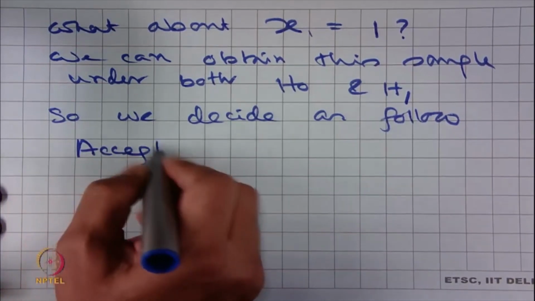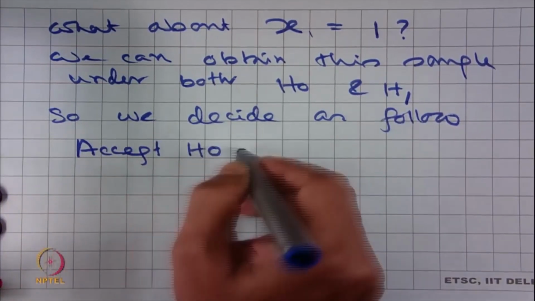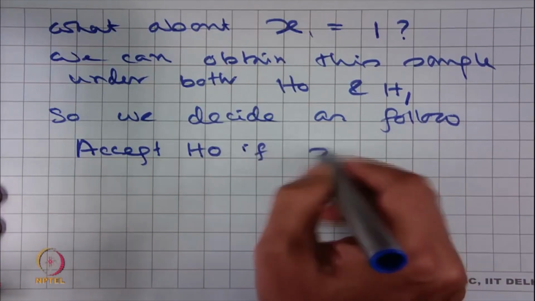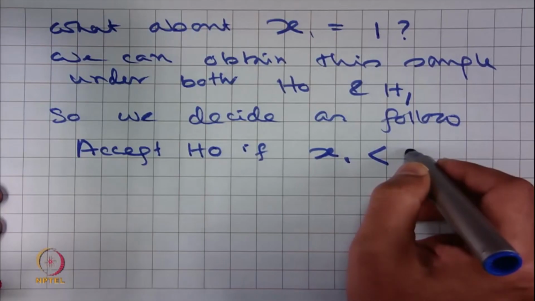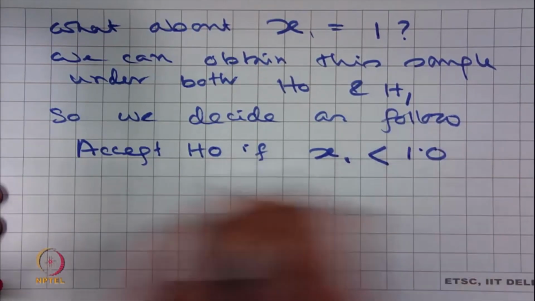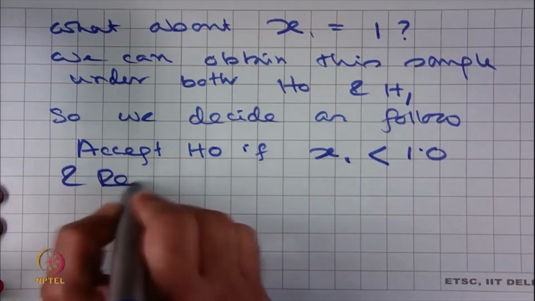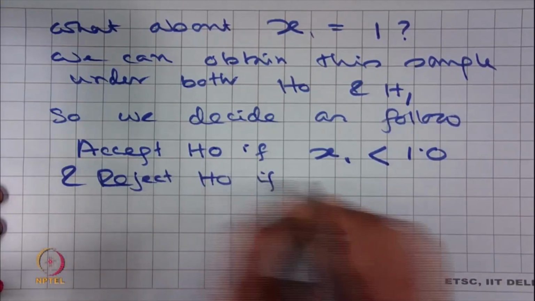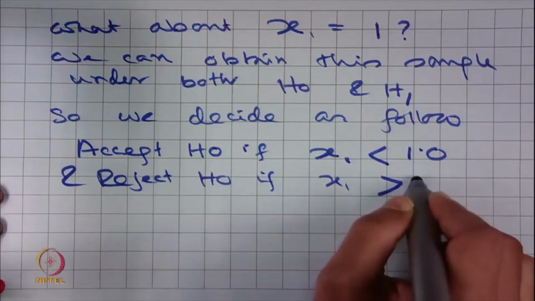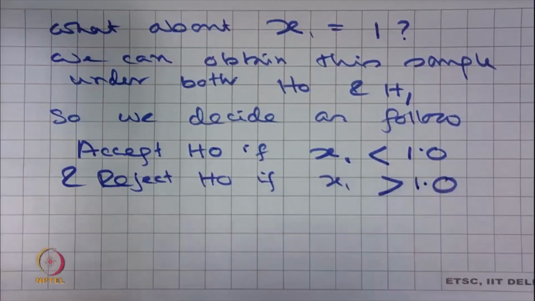Accept H naught if x 1 is less than 1.0 and reject H naught if x 1 is greater than 1.0.